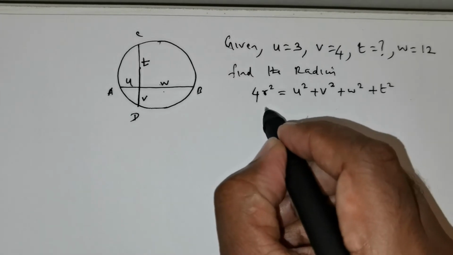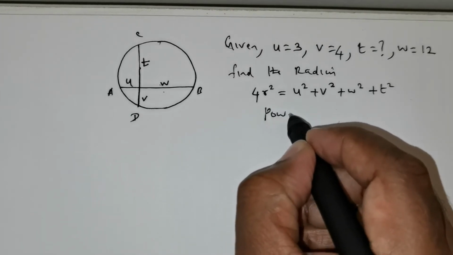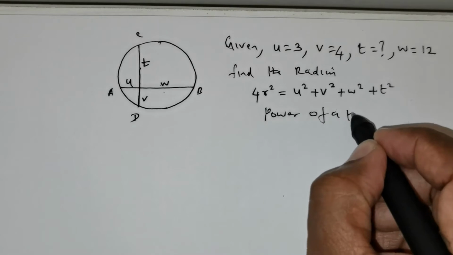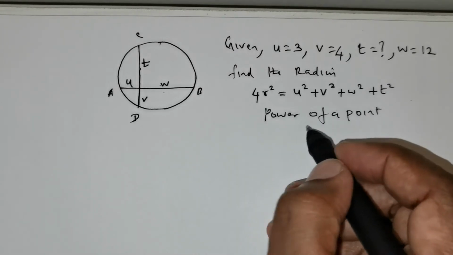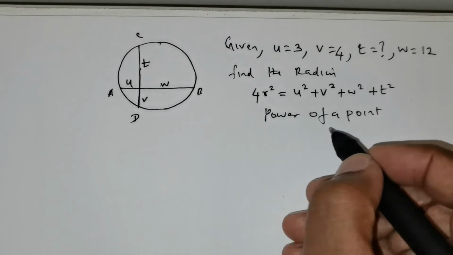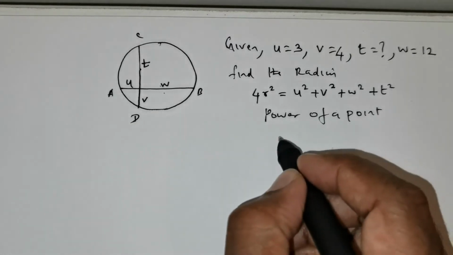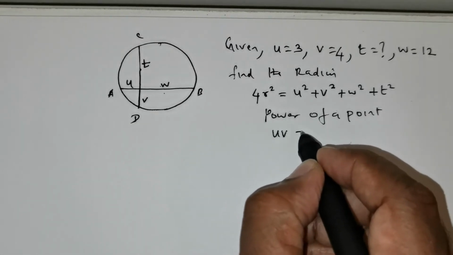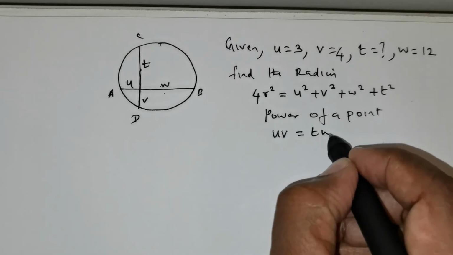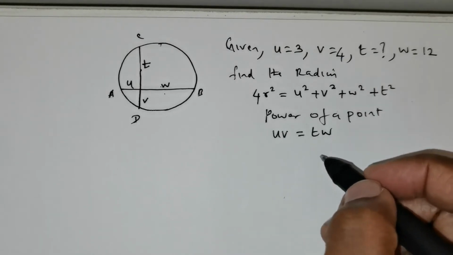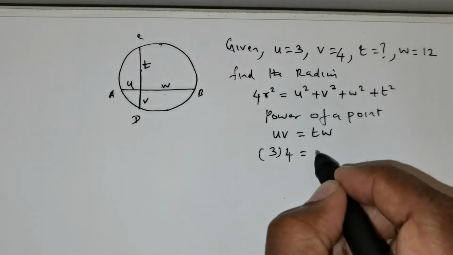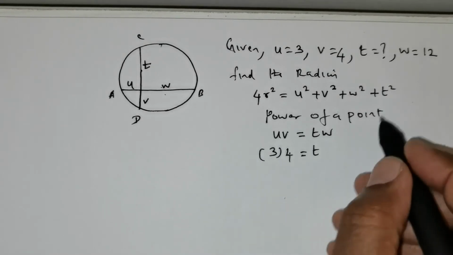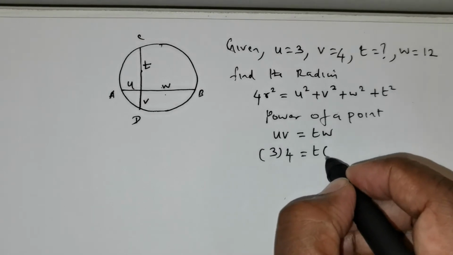Now by using the power of a point formula for intersecting chords, clearly we can write U times V to be equal to T times W. Now my U is 3, my V is 4, my T is not there, and my W is 12.